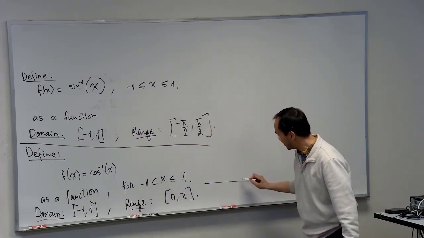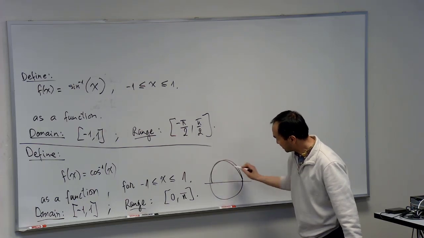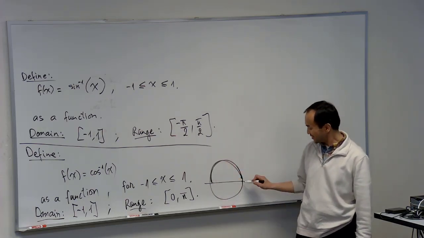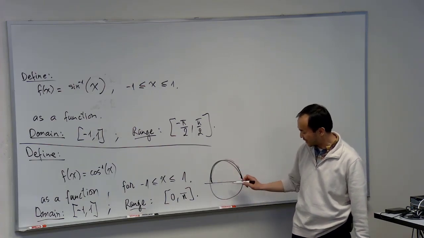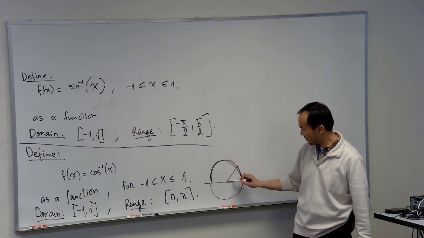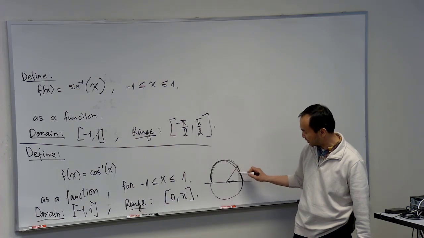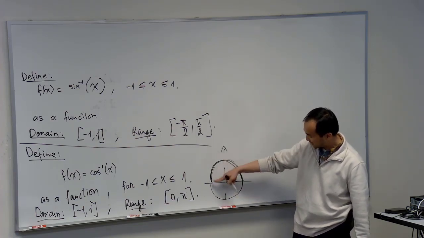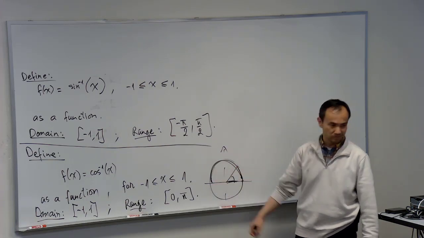And we only take that upper half. That's why it's 0 to π. So when we take the cosine inverse of any cosine value, we only want to land on an angle in the upper half, so 0 to π.